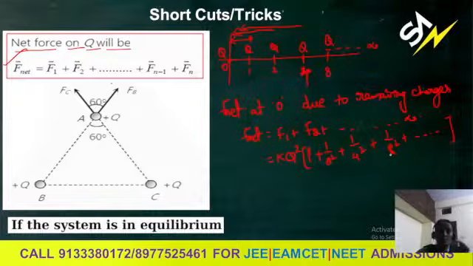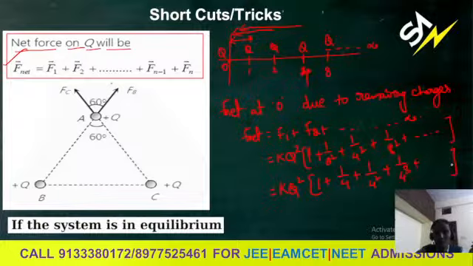So we can use the technique from mathematics, geometric progression, for the sum of infinite terms. I can write it as 1 plus 1 by 4 plus 1 by 4 square. 2 square I'm writing as 1 by 2, 4. And 1 by 8 square I'm writing as 1 by 4 cube.